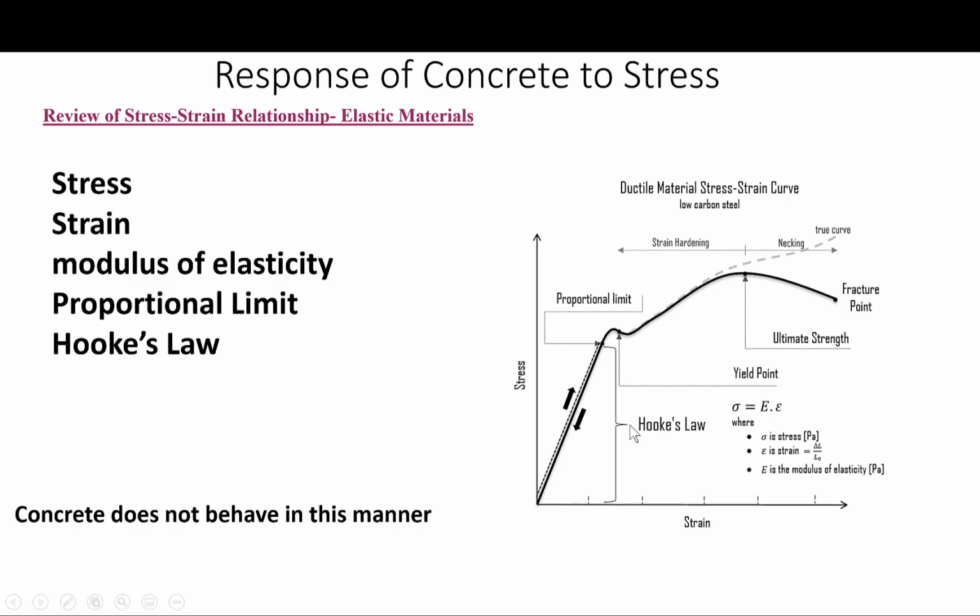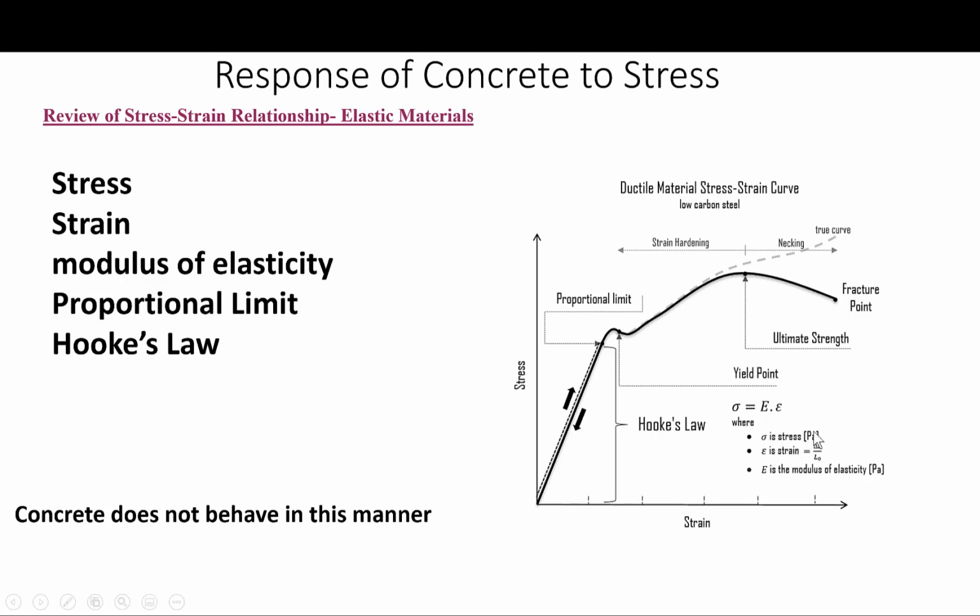So according to Hooke's law, the stress is proportional to the strain, again, in the elastic region, right here. And the slope is Young's modulus, the slope of this line. So Young's modulus is equal to the longitudinal stress divided by the strain, okay? Which follows this equation. Stress equals Young's modulus times strain.